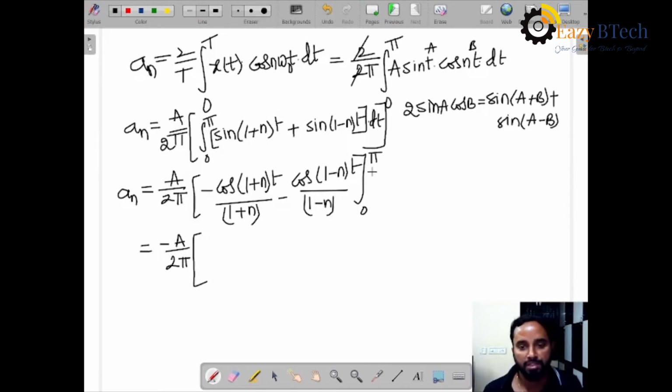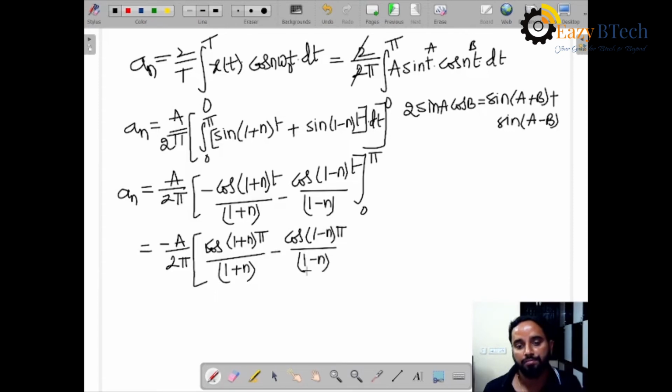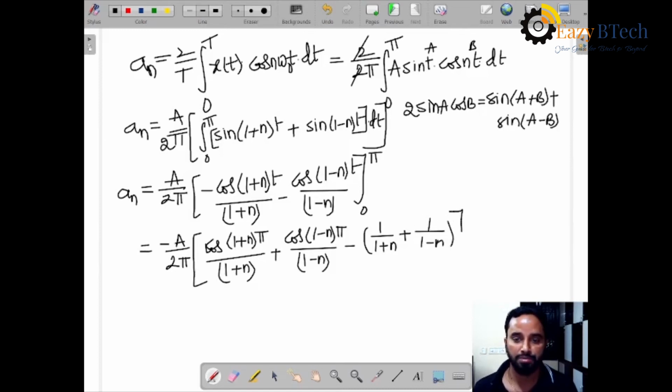Substituting the limits: the upper limit is pi, so cos((1 plus n)pi) by (1 plus n), and cos((1 minus n)pi) by (1 minus n). This is the upper limit substitution, minus the lower limit. Already the minus is taken out, so here plus. Now the lower limit is 0, so cos 0, which is 1, by (1 plus n), plus cos 0, 1, by (1 minus n). This is the lower limit substitution.